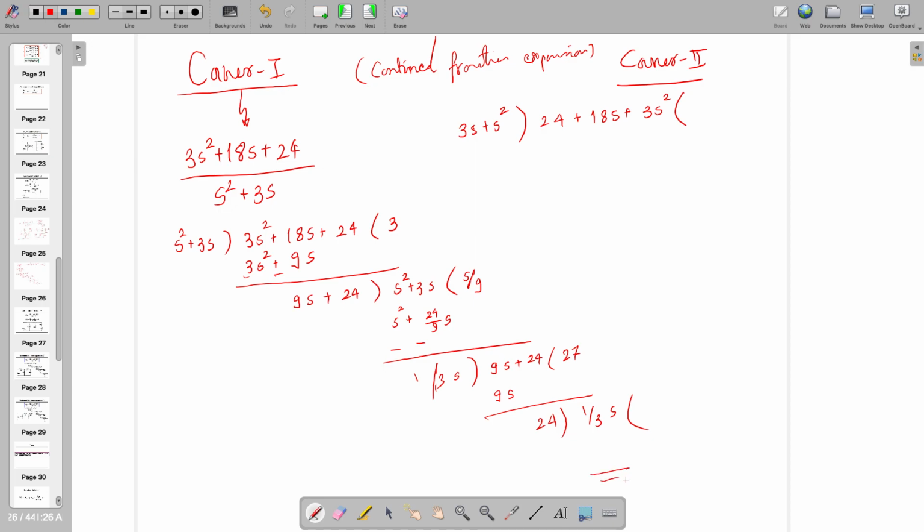No problem. Yeah, you need to find out the last quantity also. You need to multiply with.